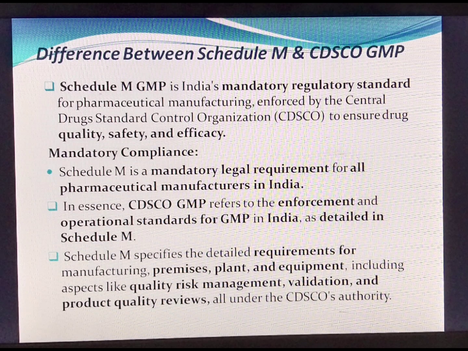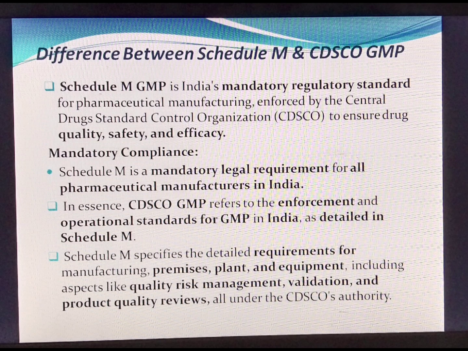Difference between Schedule M and CDSCO GMP. Schedule M. In India, mandatory regulatory standard for pharmaceutical manufacturing enforced by CDSCO to ensure drug quality, safety and efficacy. Mandatory compliance. Schedule M is a mandatory legal requirement for all pharmaceutical manufacturers in India.